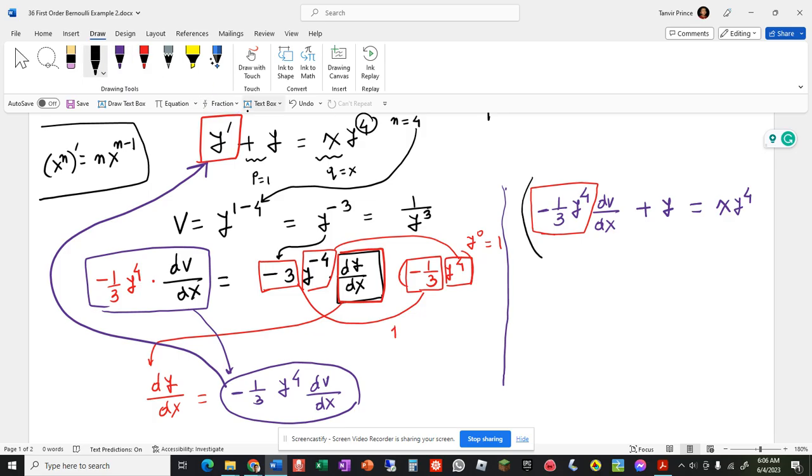So let's multiply both sides by the reciprocal of this. The reciprocal of negative 1/3 is negative 3, and the reciprocal of y to the 4 is y to the negative 4. So I'm multiplying both sides by negative 3 y to the negative 4.